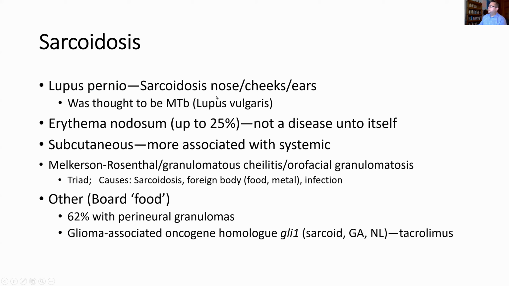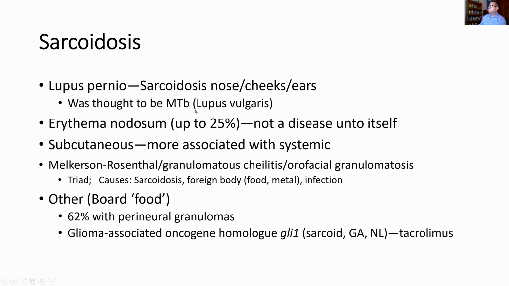So lupus pernio is just a granulomatous process on the nose, cheek, and ears. It's a very confusing term because lupus actually comes from wolf. And then perniosis, we're not talking digits here. So you have to be careful using this term, but in general, it means sarcoidosis present in this pattern.